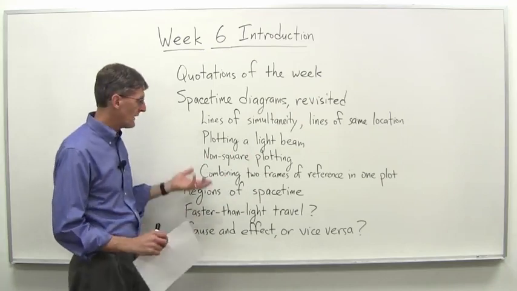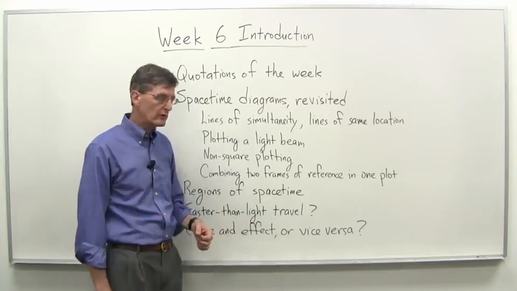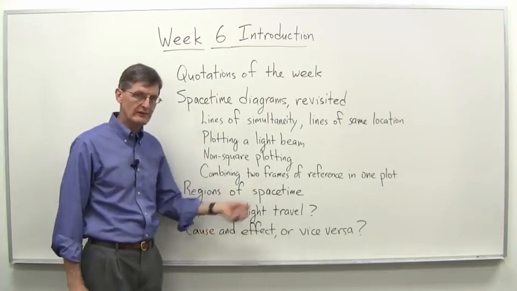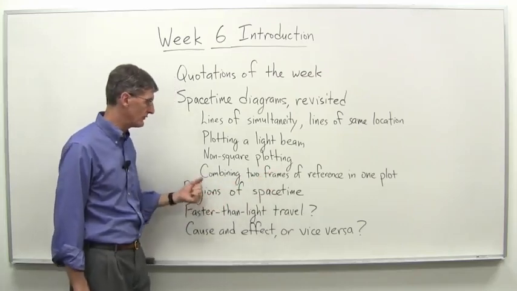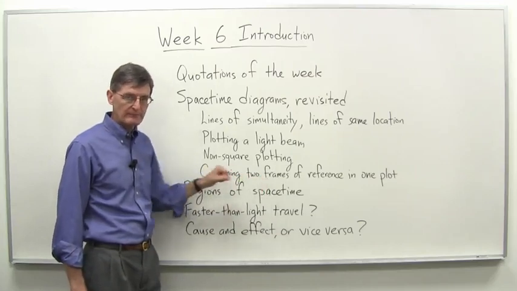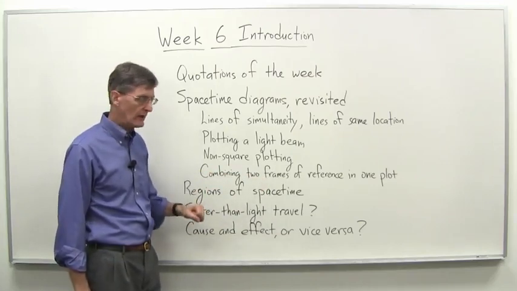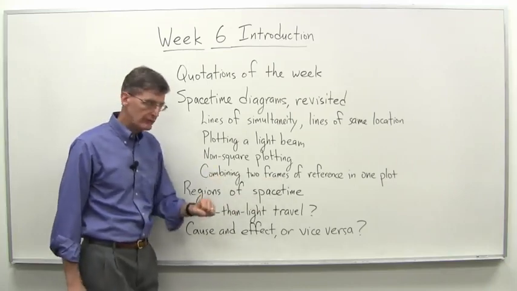And it turns out we can actually get both of their frames of reference onto one plot, as it were. Really, it's two plots in one. So we'll spend some time learning how to do that, and then seeing how we can actually visualize time dilation and length contraction and the relativity of simultaneity by using this method.